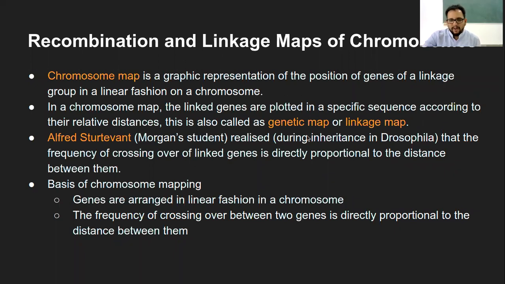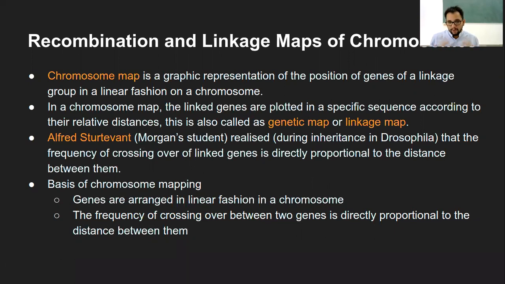He concluded this based on two facts: genes are arranged in a linear fashion, and the frequency of crossing over between two genes is directly proportional to the distance between them. That is, the greater the distance, the lower the chance of those two genes going together into the gamete.